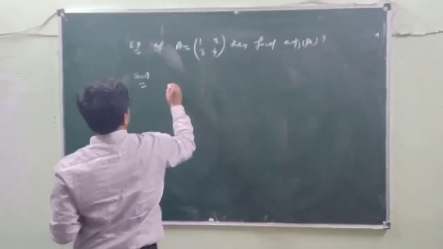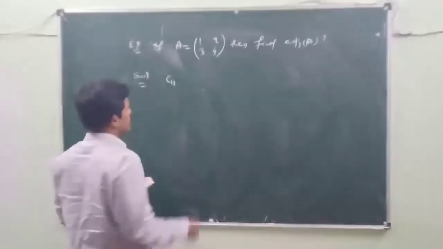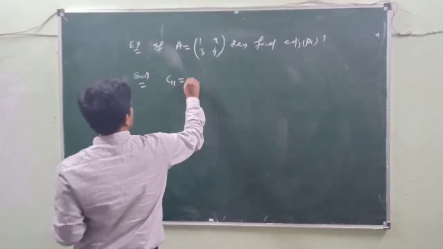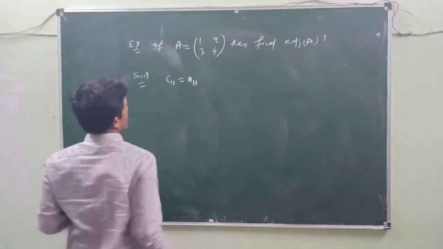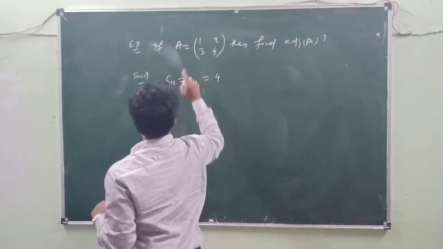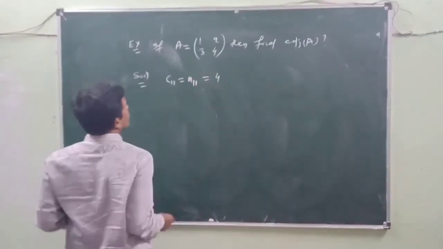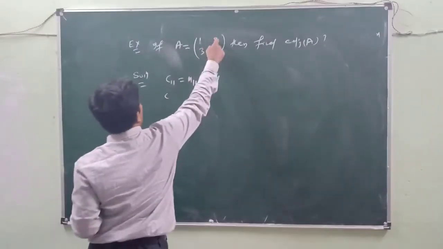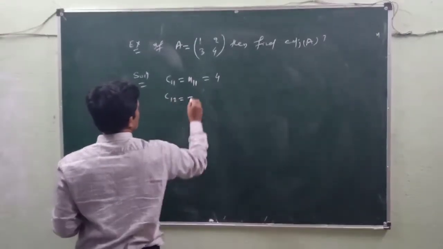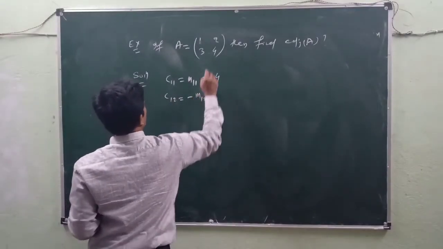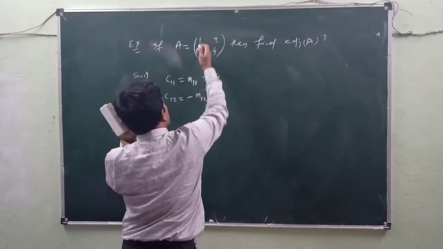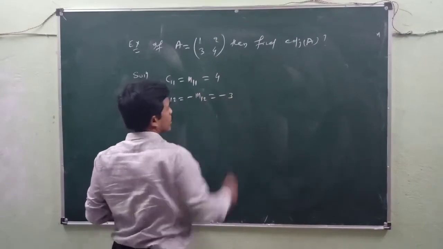Here the cofactor of 1, that is C11, will be the same as the minor of 1, since 1 plus 1 is an even number. The minor of 1 is 4, so C11 equal to 4. Then the cofactor of 2, that is C12, is minus the minor of 2. The minor of 2 is 3, but the sign is minus, so it will be minus 3.